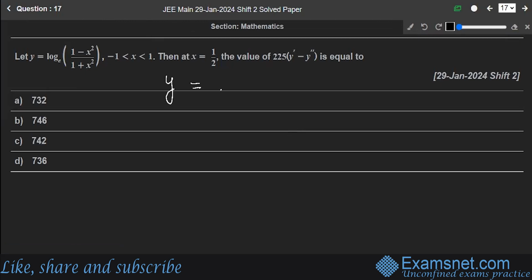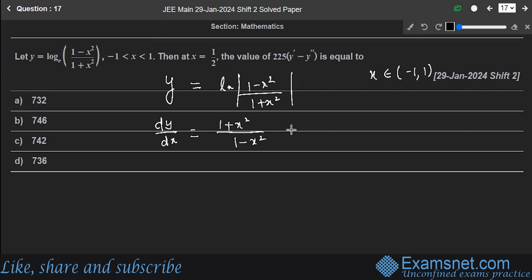Y is equal to natural log of (1 minus x squared) upon (1 plus x squared), where x belongs to minus 1 and 1. Let's differentiate both sides with respect to x. So dy by dx is equal to, first of all, (1 plus x square) upon (1 minus x square), because this will be taken down, multiplied by the denominator square.